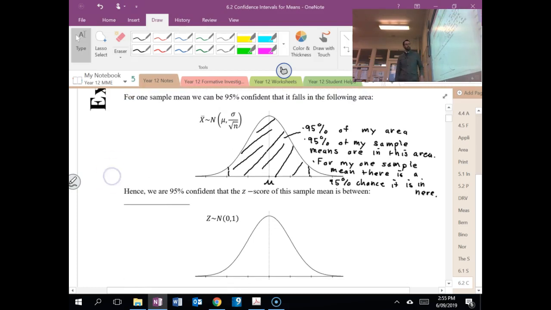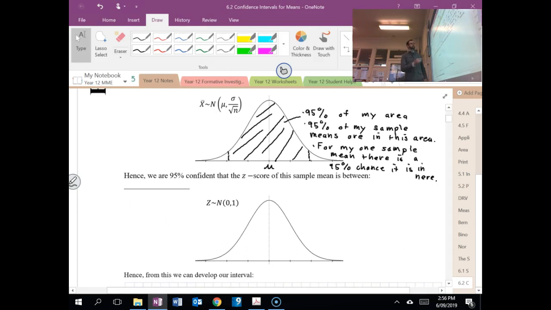Now, this sample mean, though, has a z-score. What's the formula for the z-score of a value? Z equals what? It's a value, take the mean, over the standard deviation.